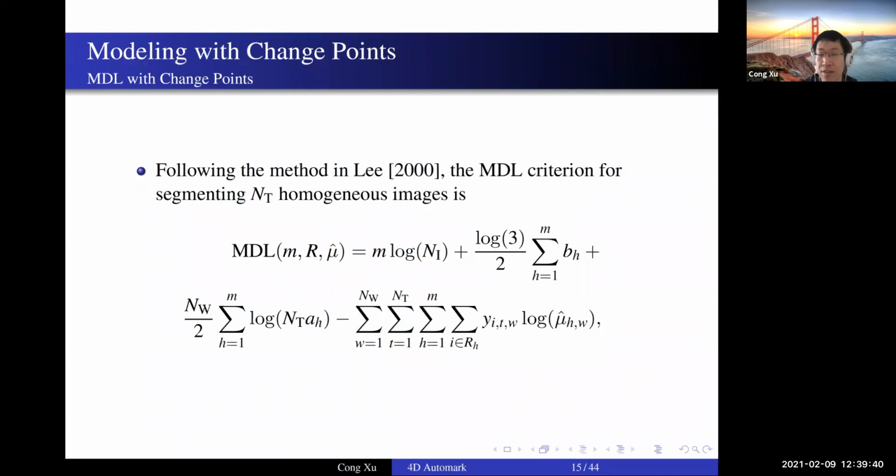So the idea is that given two models, how can we compare them? Once the model is given, so we know the M, these R, these mu's, then we can just plug them in and get two values. They can be calculated from the given model and the data set. And so we'll just choose the model which has a smaller MDL value.